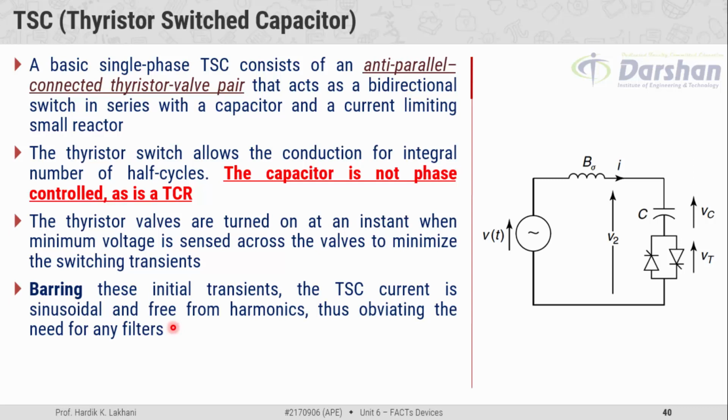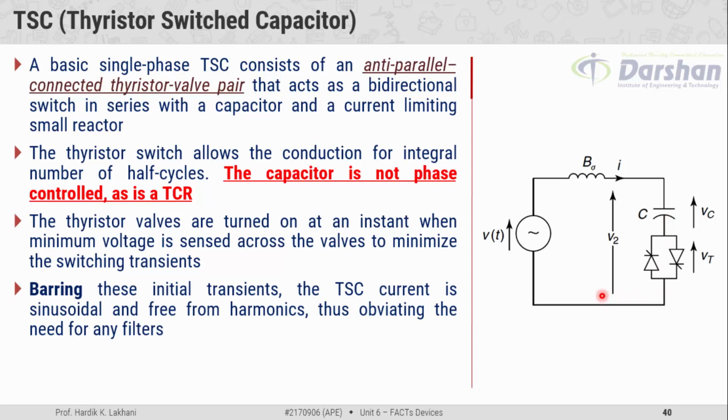As I explained earlier, only two possibilities exist, which means that this antiparallel connected thyristor pair behaves as either fully on or fully off. When the antiparallel connected thyristor pair is fully on, then the maximum magnitude of current flows through the branch.